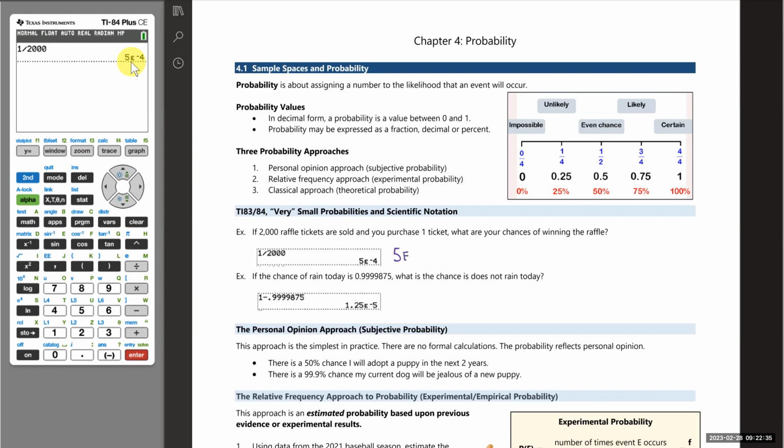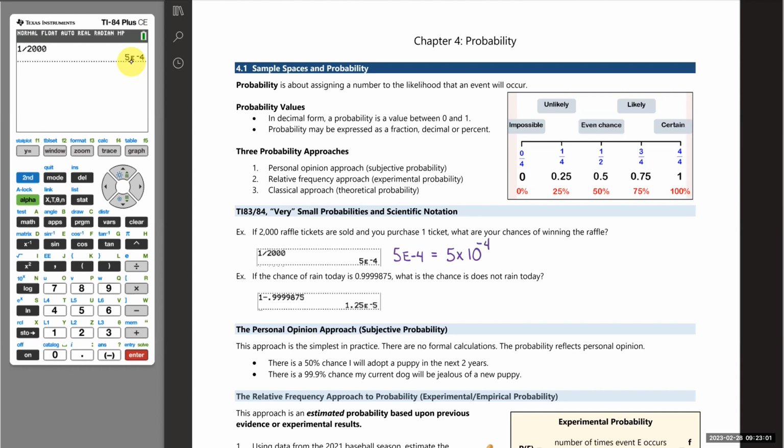That E is actually a little bit smaller than the 5. You don't have to worry about writing it perfectly. But the idea here is this is our calculator's way of expressing a number in scientific notation. You may remember when we multiply by a power of 10, it moves our decimal point to the left or to the right based on the exponent on that 10.